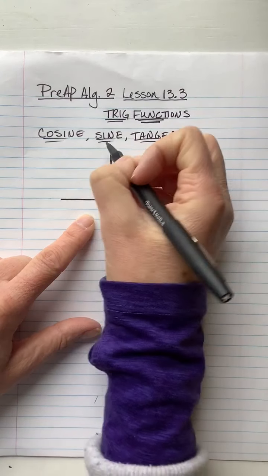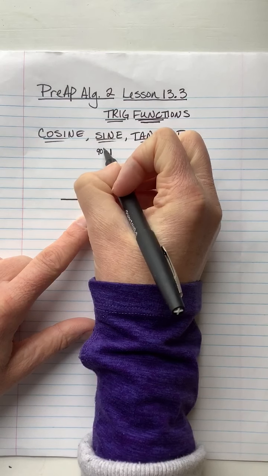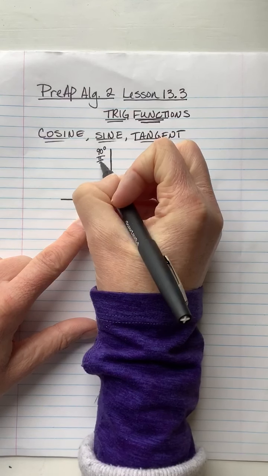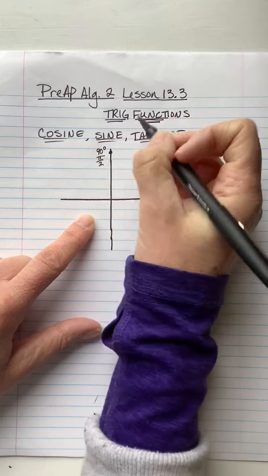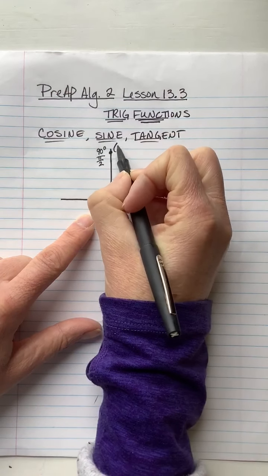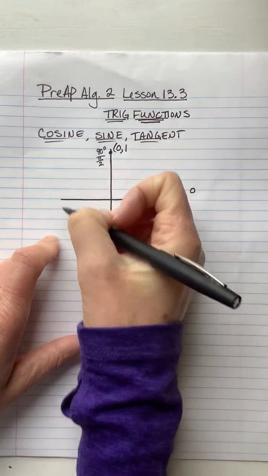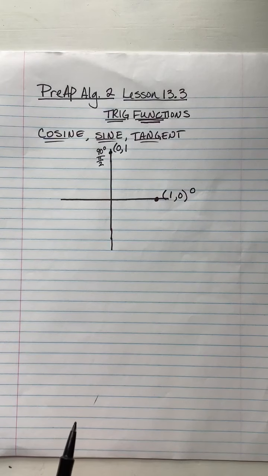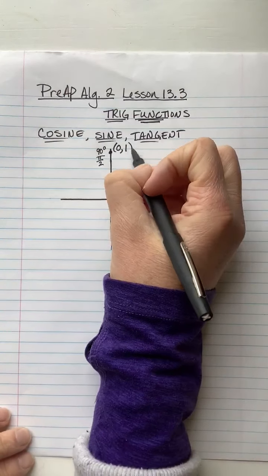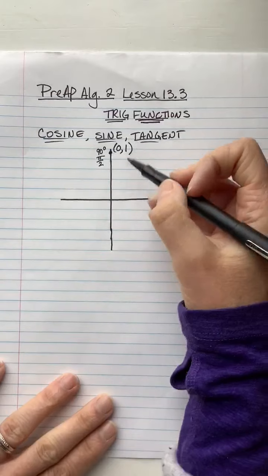As I travel up, here we are at 90 degrees, or pi over 2. And we know that this point here is going to be 0, 1. And we can keep going all the way around, and we will eventually. But for now, I'm just going to focus on this first quadrant.